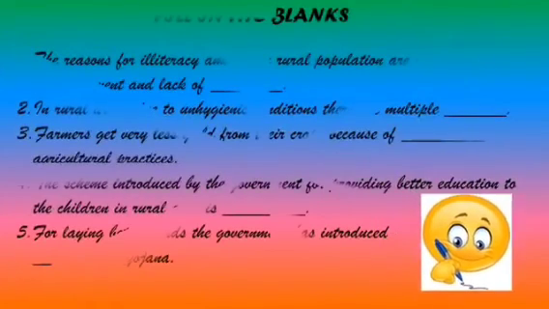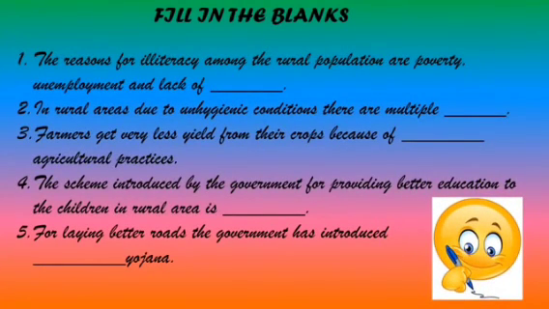Let us do fill in the blanks now, children. The first one: the reasons for illiteracy among the rural population are poverty, unemployment, and lack of dash. In rural areas, due to unhygienic conditions, there are multiple dash.